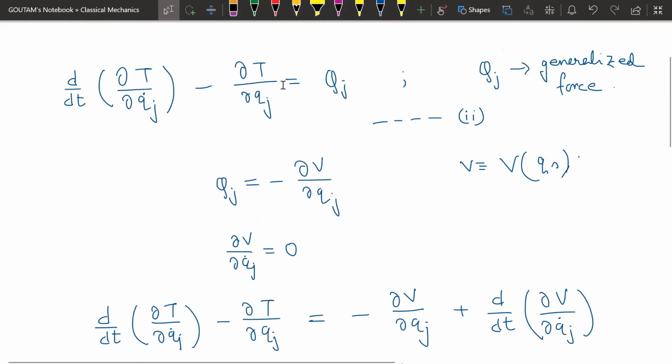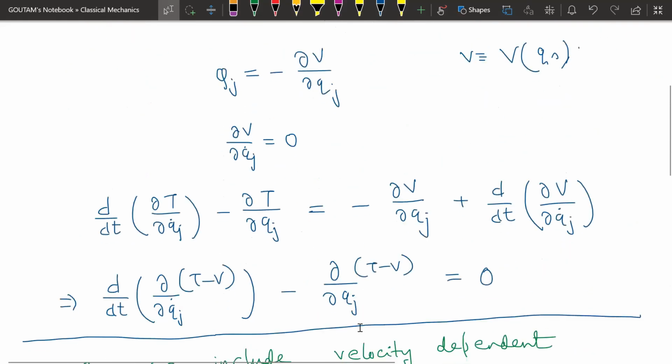So this term goes with the ∂T/∂q_j term, and it gives the Lagrangian, ∂L/∂q_j.